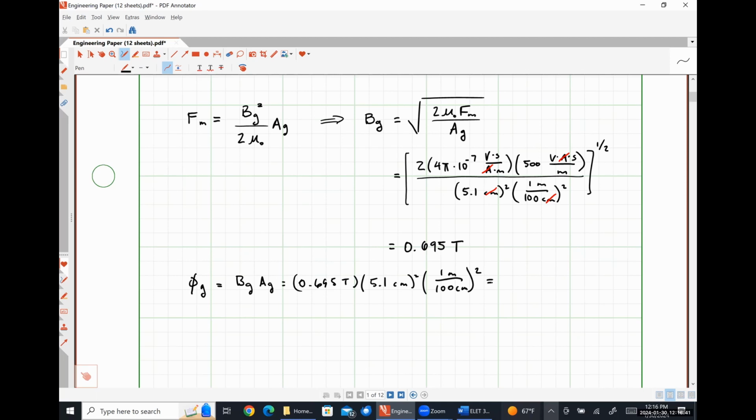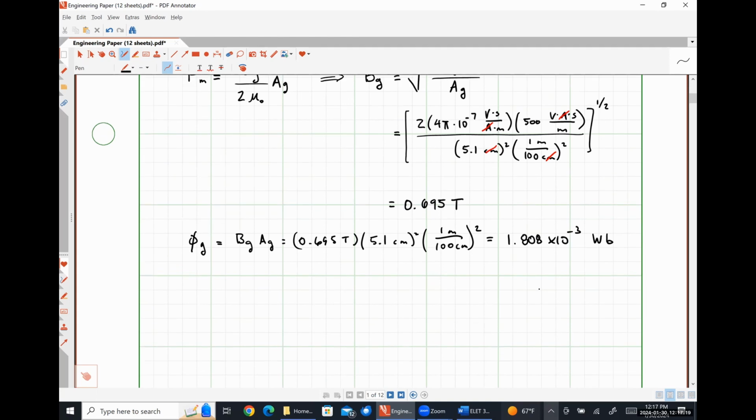So this is going to give me some number in Webers. Okay. So multiply that by 5.1 squared. Multiply that by 1 over 100 squared. And I get 1.808 times 10 to the minus 3 Webers.